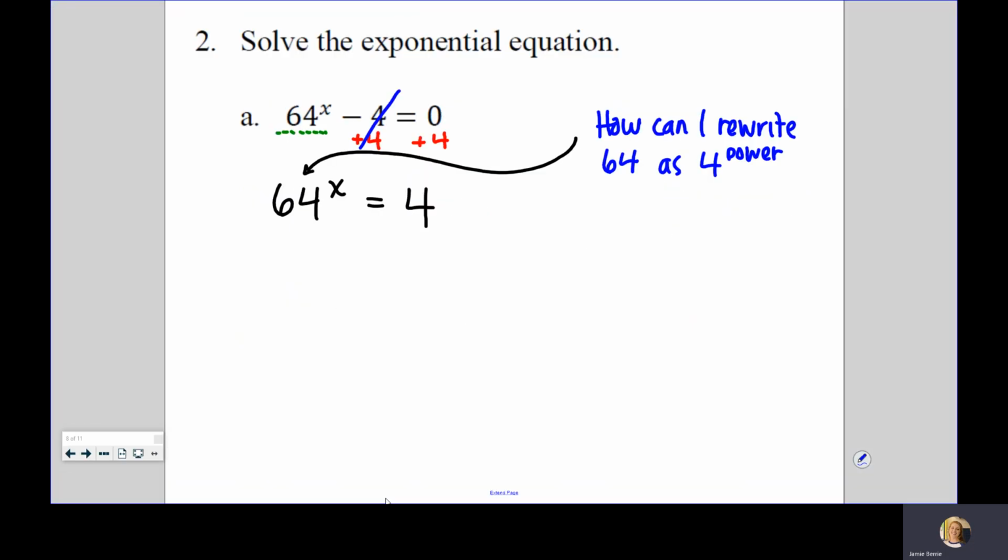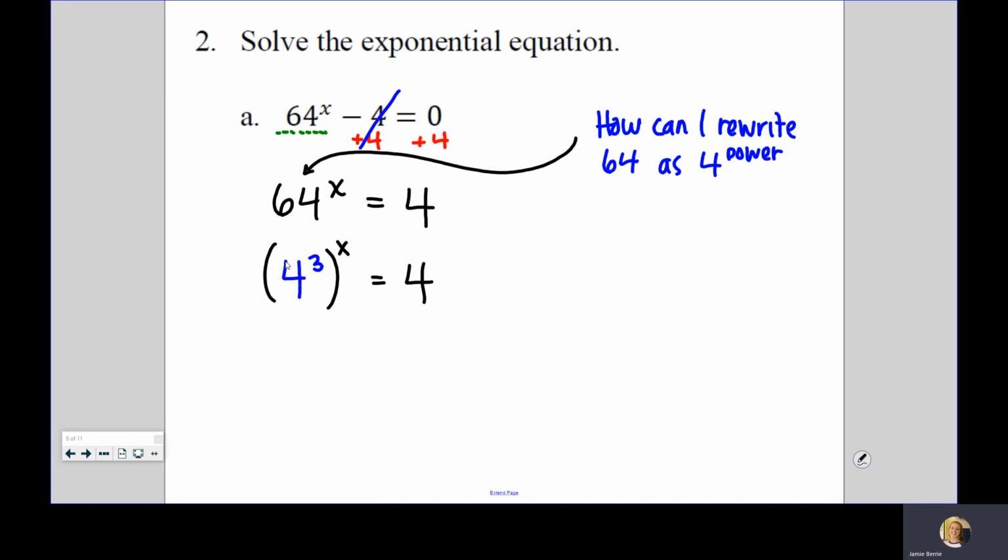When you have whole numbers, start with your bigger side and try to rewrite it as the other side to some power. So we can rewrite this as 4 to the third, keeping that x out there in the exponent.